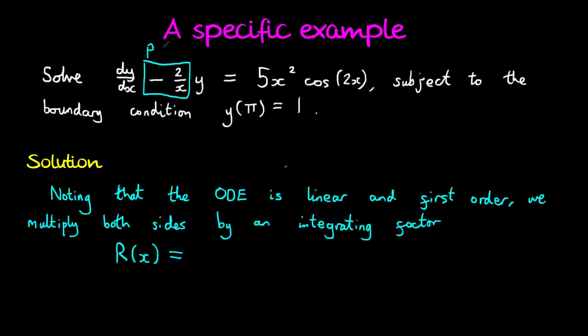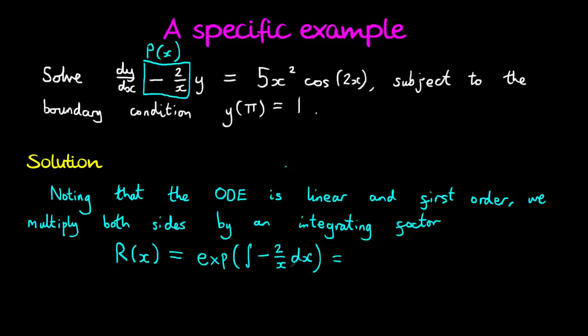So this is going to be our function p of x. It's going to be minus 2 over x. So the integrating factor is e to the power of the integral of p of x. So the integral in this case of minus 2 over x with respect to x.